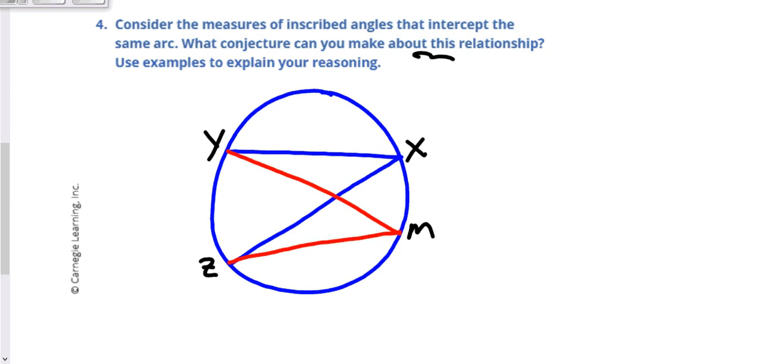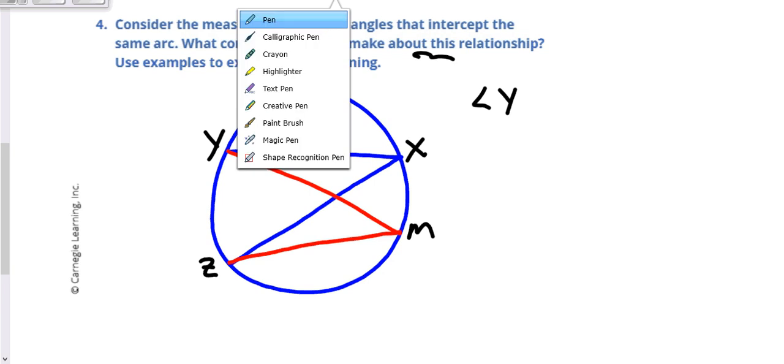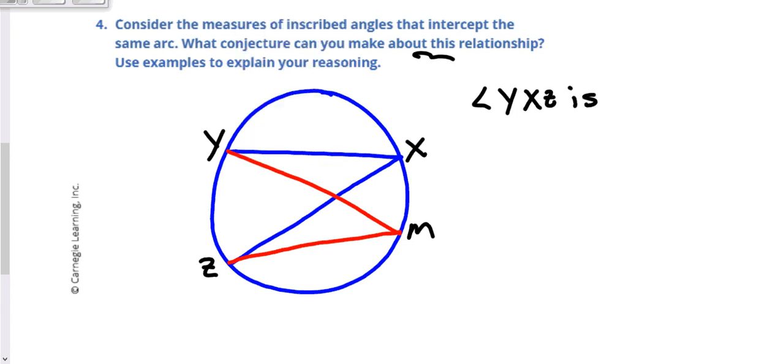Okay. So I know that angle Y, X, Z is an inscribed angle.